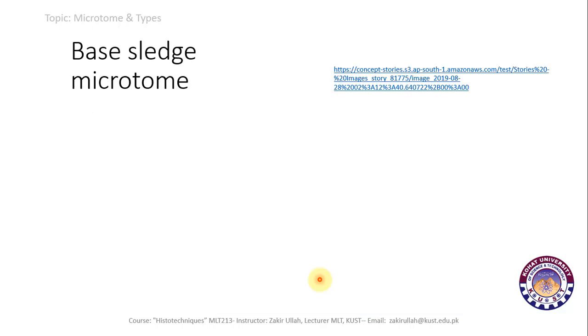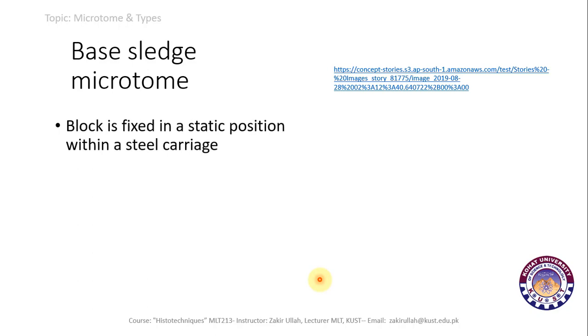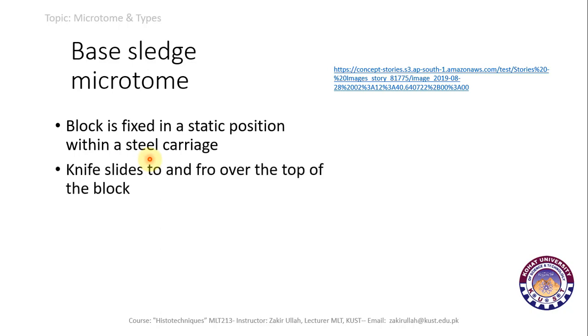The third type of microtome is the base sledge microtome. This is the microtome in which the block is fixed in a static position within a steel carriage, in a block container, and the knife slides in the forward and backward direction over the top of the block.